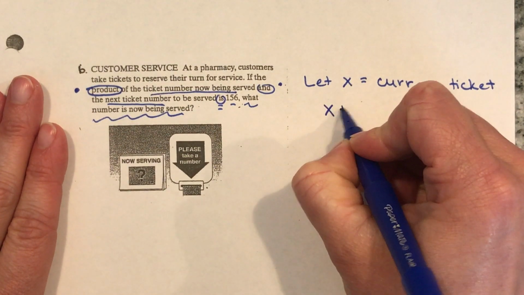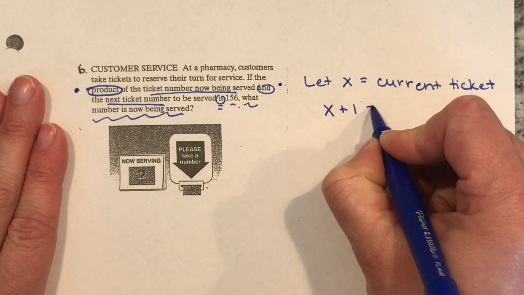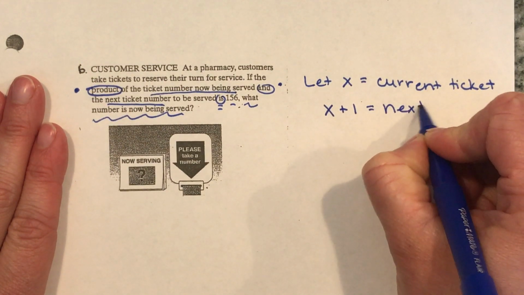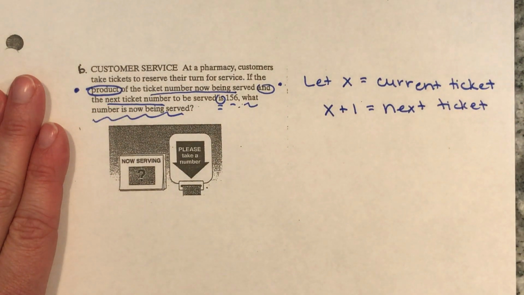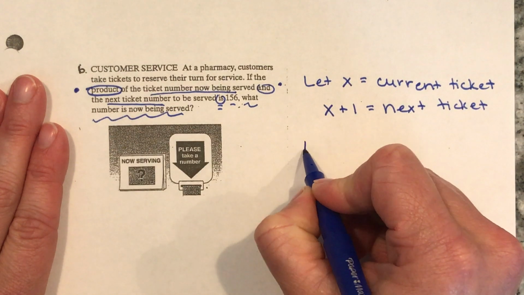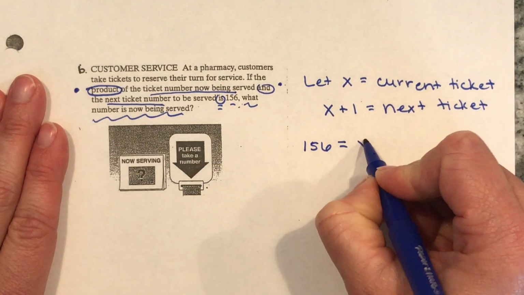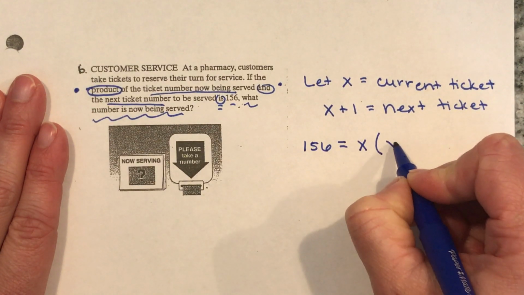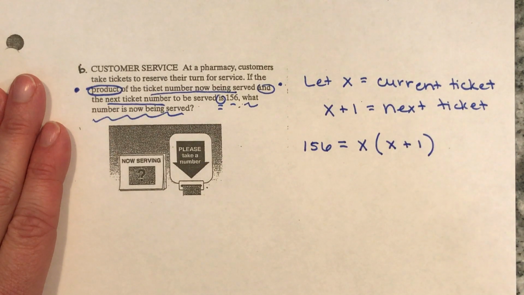So x plus 1, the current ticket plus 1, which will give me the very next number, is the next ticket. So I know 156 is the answer to the current ticket times the next ticket. And that would be the equation for 6.